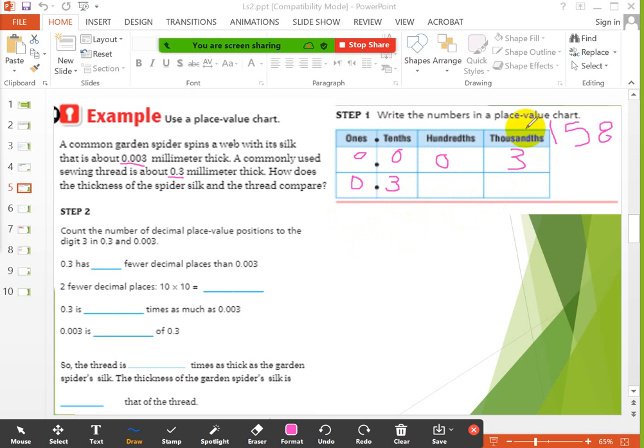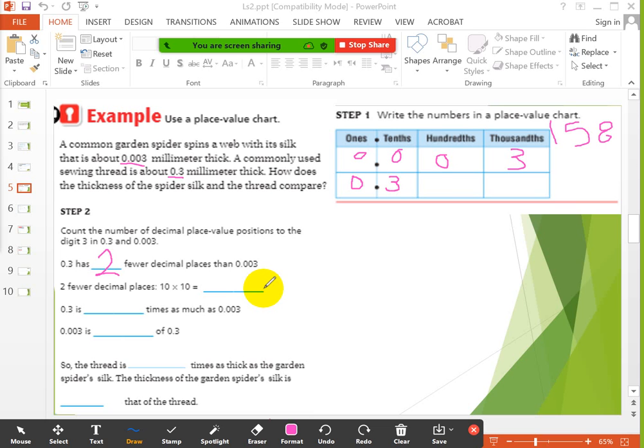Here I have 3 digits. Here I have 1 digit. So this number is fewer than this number by 2 digits. Okay? So 0.3 has 2 fewer decimal places than 0.003. This is how I can compare the number of digits between two numbers.